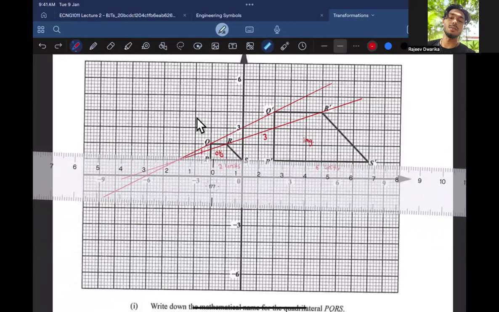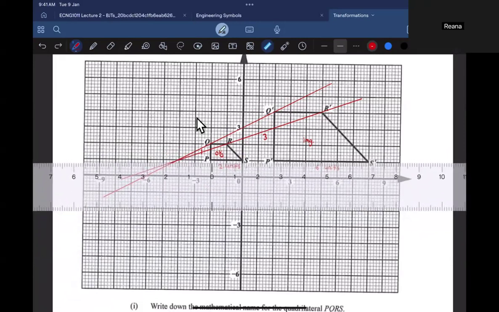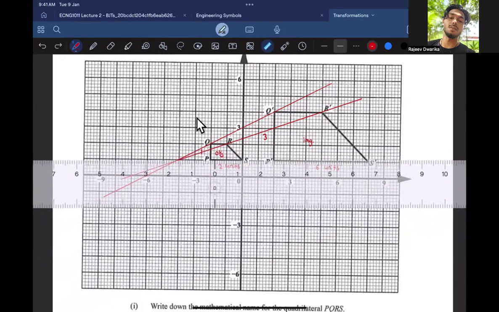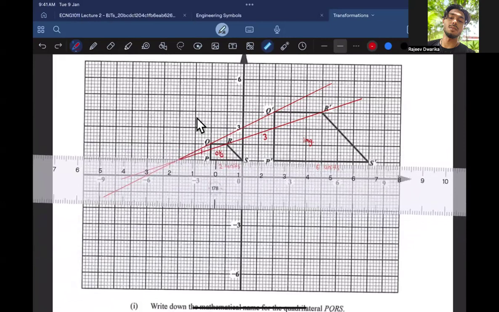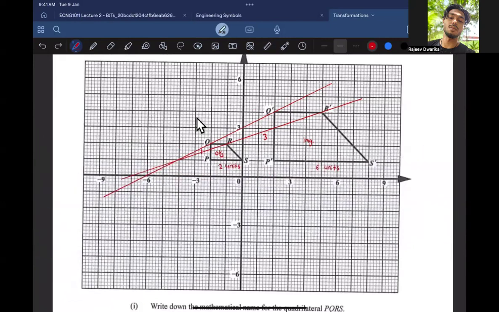So just by reading off the graph, you see that intersection. Can you tell me where you see that intersection?